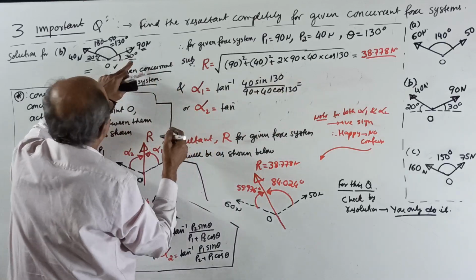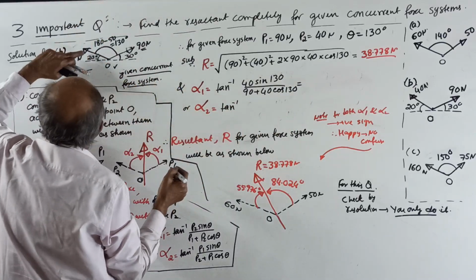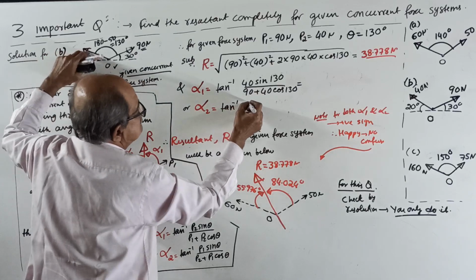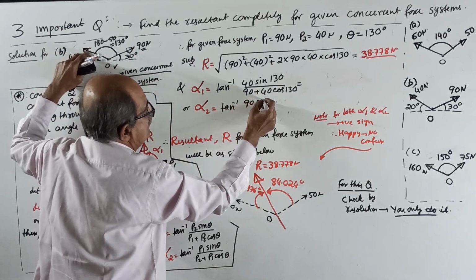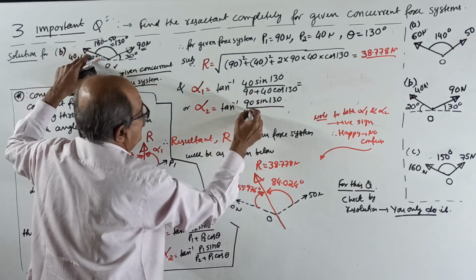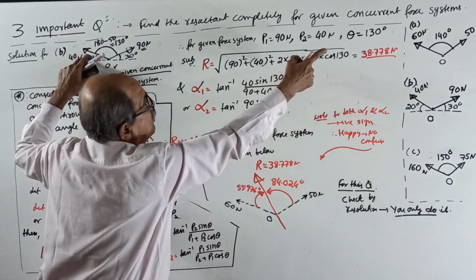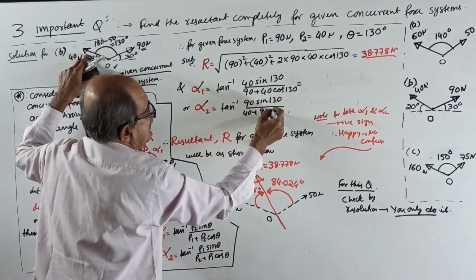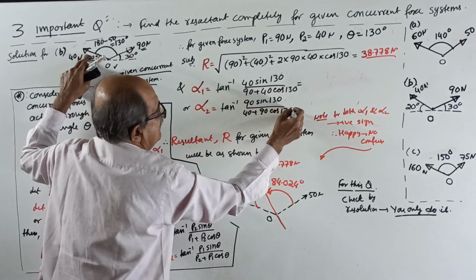And if you want alpha 2, it is tan inverse of the other force 90 into sine 130 divided by that force 40 plus 90 into cos 130. You write one more sketch there.